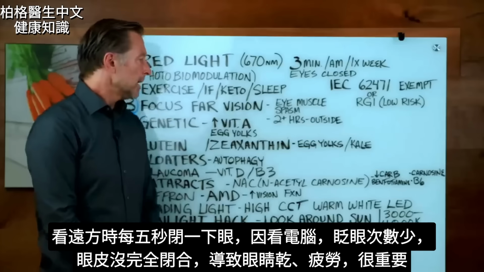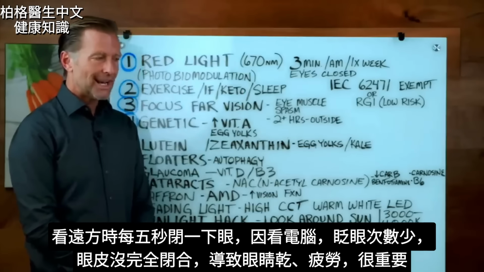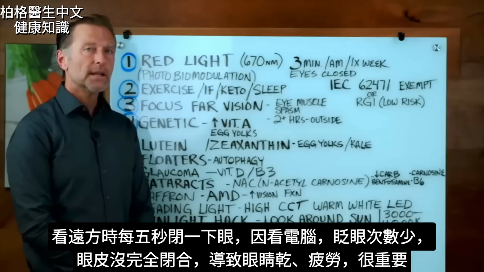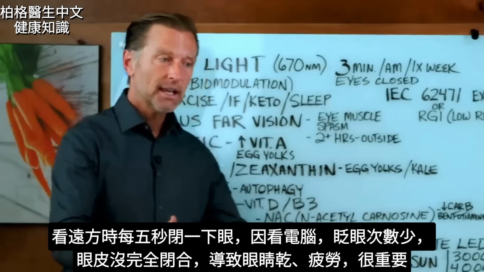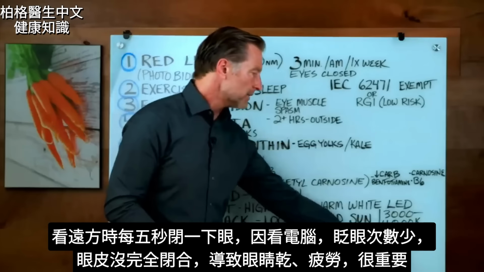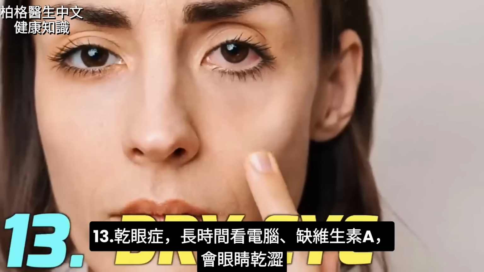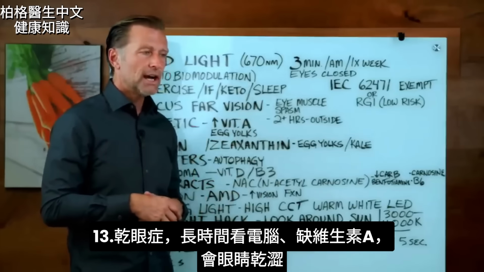Why? Because when you're in front of the computer, not only do you not blink as often, but you don't completely blink all the way down and your eyes can dry out, and that drying can cause fatigue in the eyes. So this is another thing that's very, very important that also relates to number 13, which is dry eye. Being in front of your computer can really dry your eyes out.